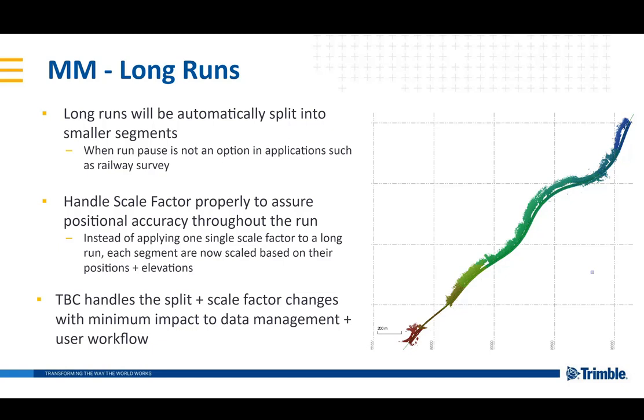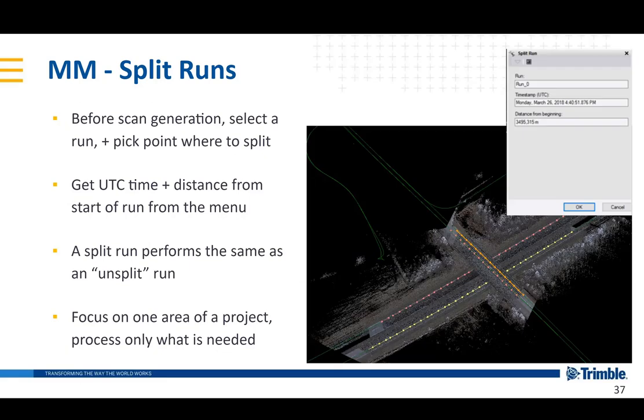What we do is we handle the scale factor properly to assure positional accuracy throughout the run. So instead of applying one single scale factor to a long single run, each segment is now scaled based on their positions and elevations.